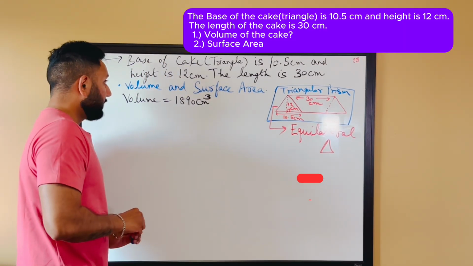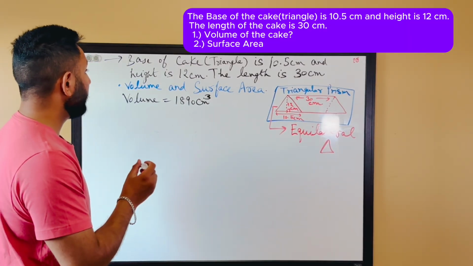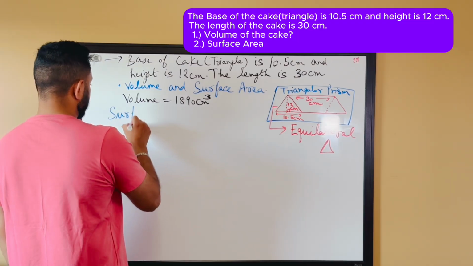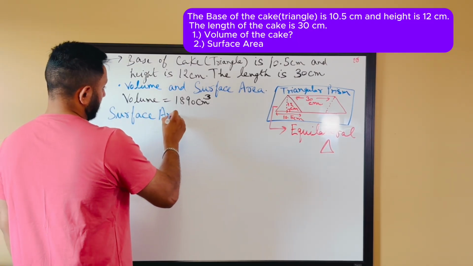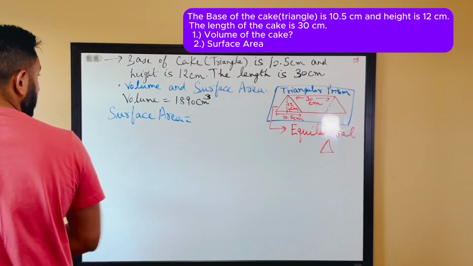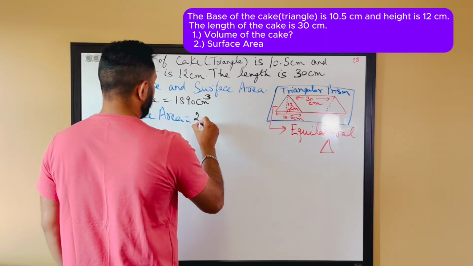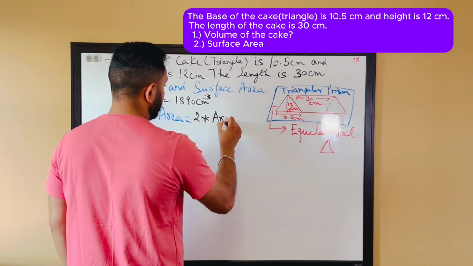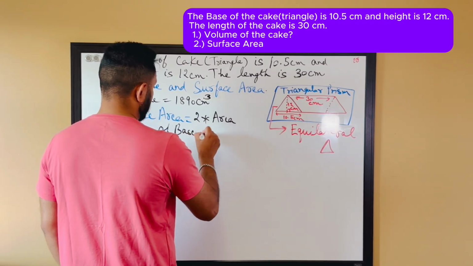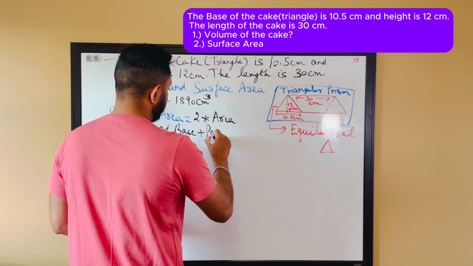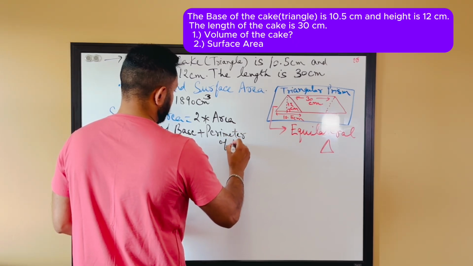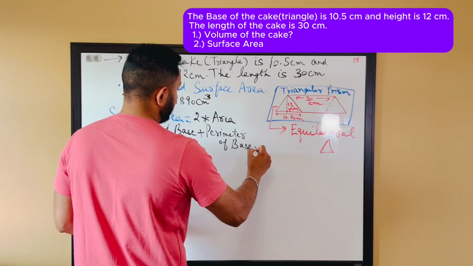So we got the volume, and now we're gonna find out the surface area. The formula for the surface area is twice of area of base plus perimeter of the base into length.